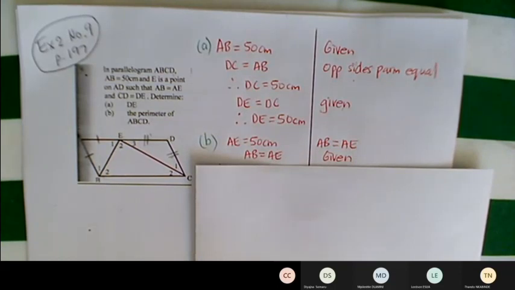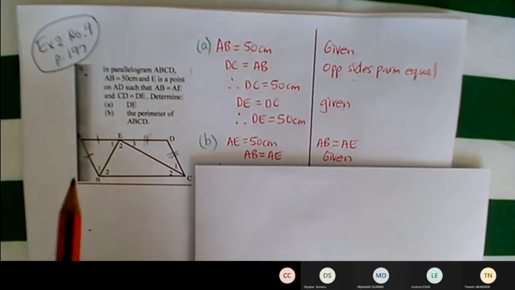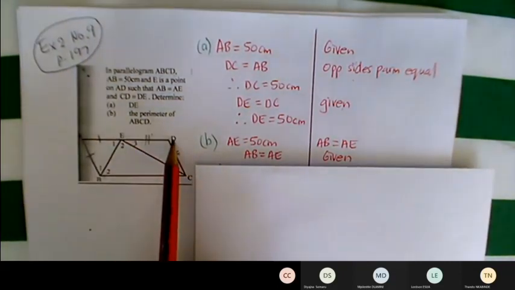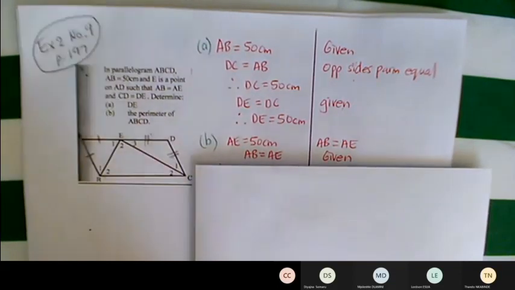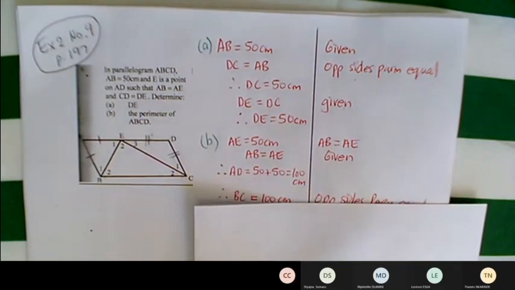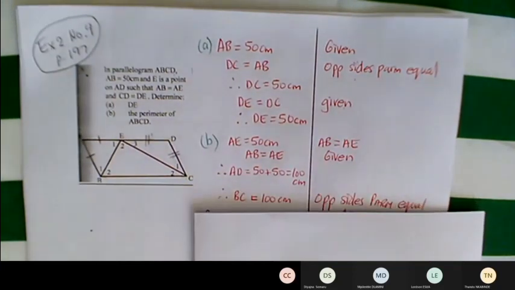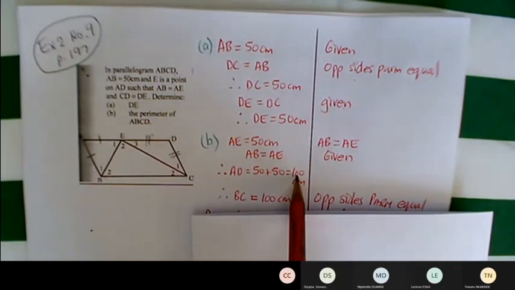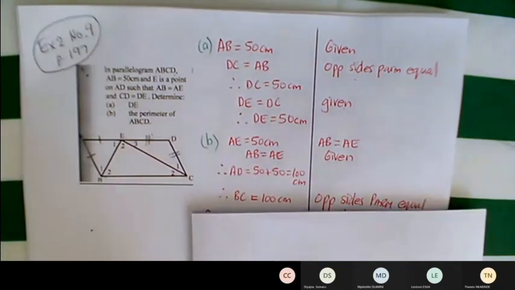So AD is equal to 50 plus 50, which will equal 100. Therefore, BC is also 100, opposite sides of a parallelogram. So if this is 50 and that is 50 and AD is equal to 100, therefore BC is also 100, opposite sides of a parallelogram.